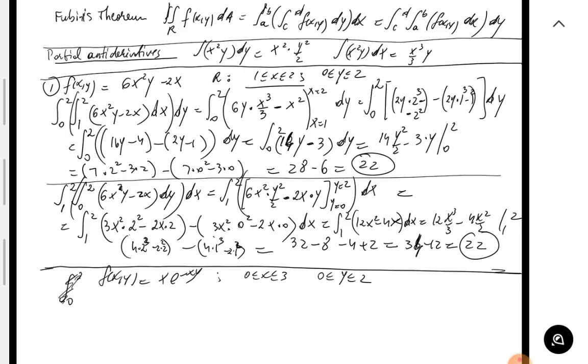Well, at least for the first integral, ask yourself which one you prefer. Pause the video and see if you have a preference. But the way I look at it, with respect to y is probably better in the beginning.